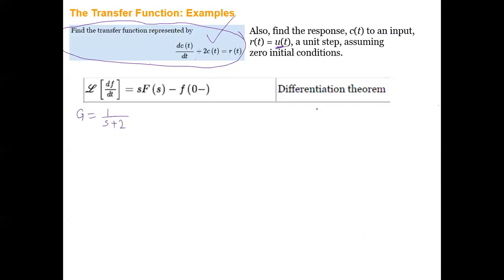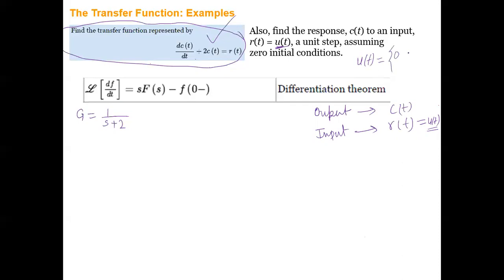Input is r(t) obviously, and we are given the input here. Our output is not given, which is simply c(t), right? But the input is given, represented by r(t), which is u(t). So what is u(t)? Help me to define u(t).